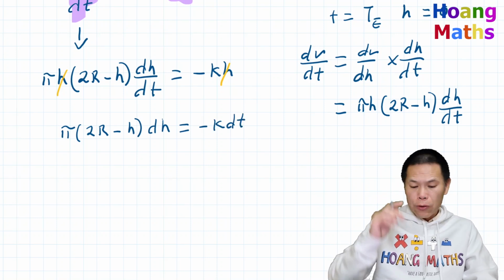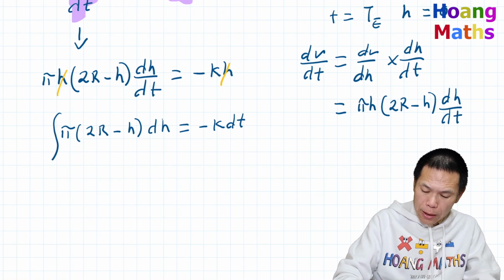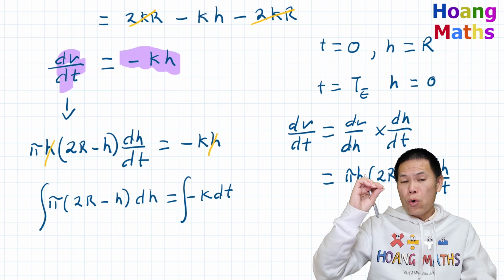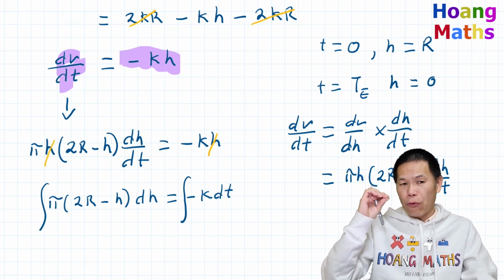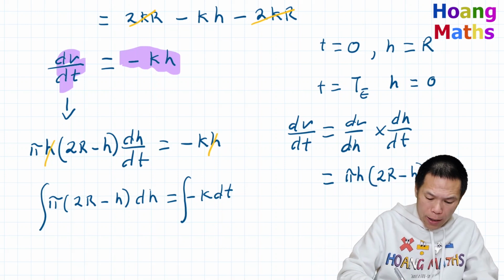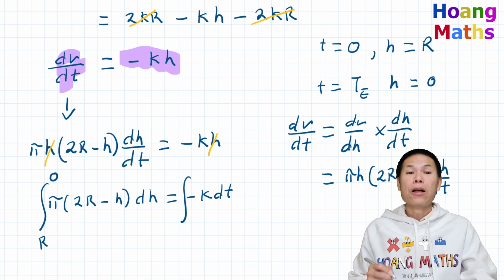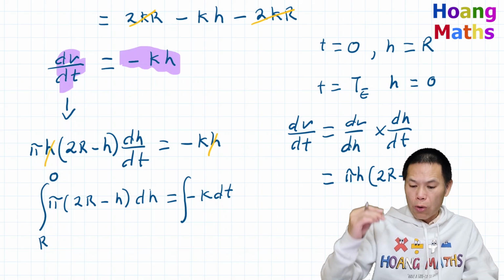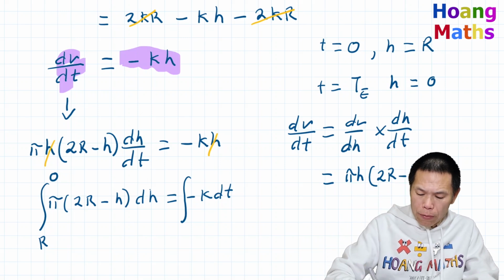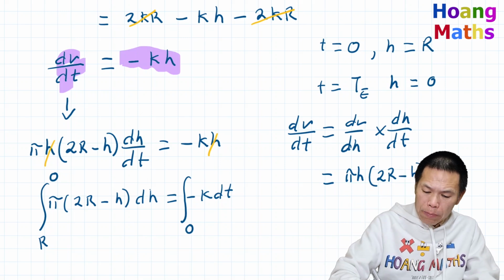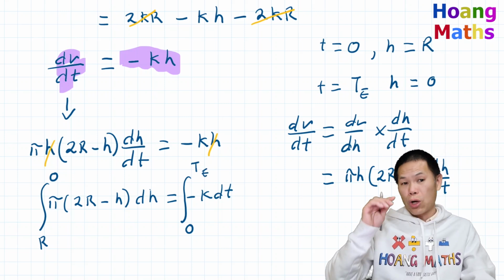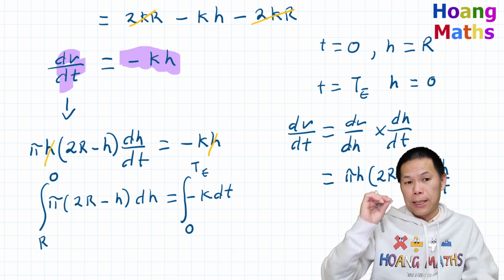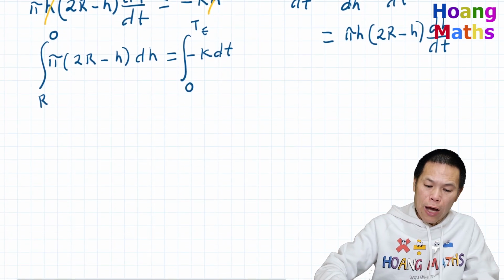Now if I integrate both sides, for h it is from the tank full all the way to empty, so from h equal to r to 0. And for time, t starts from 0 all the way to time t empty. We're not sure what it is, so just use the symbol TE. We need to find out TE. Now just evaluate this.